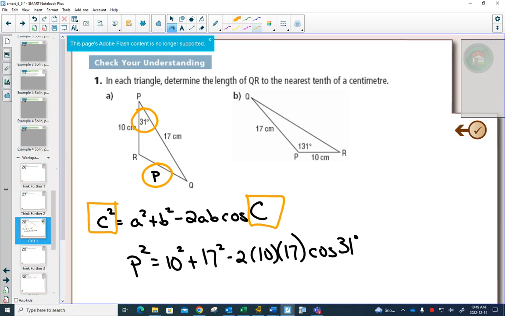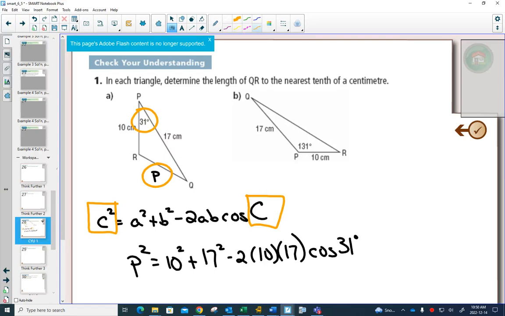If you went 17 squared plus 10 squared, it's the same as 10 squared plus 17 squared. And if you do 10 times 17, it would be the same as 17 times 10. But what does matter is that whatever you're solving for goes by itself, and its opposite angle is what goes over there. I've had students come from different classes saying they don't know how to label their triangle to use the formula. It doesn't need to be that difficult. It's just a pattern that you're recognizing: opposite angles and opposite sides go together.